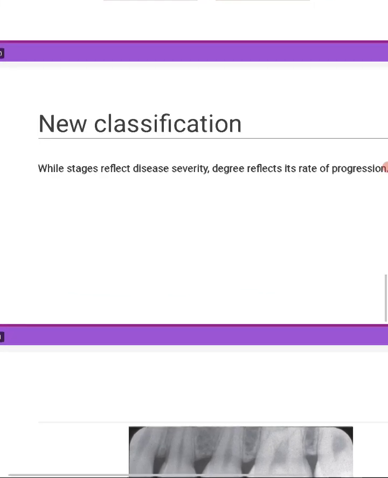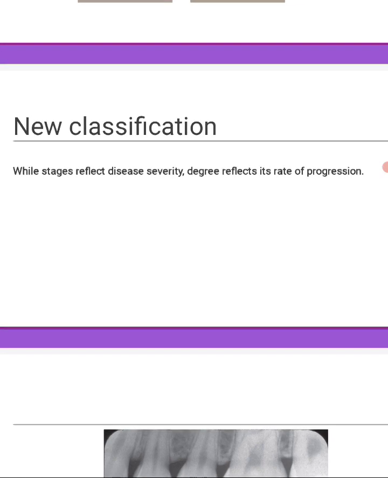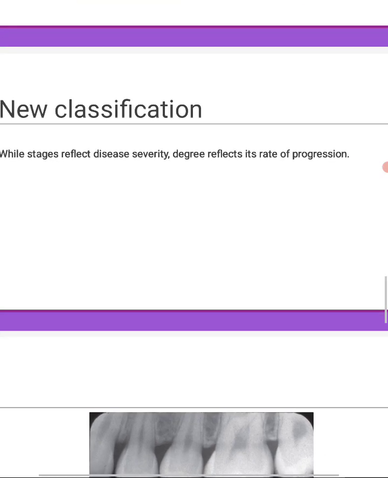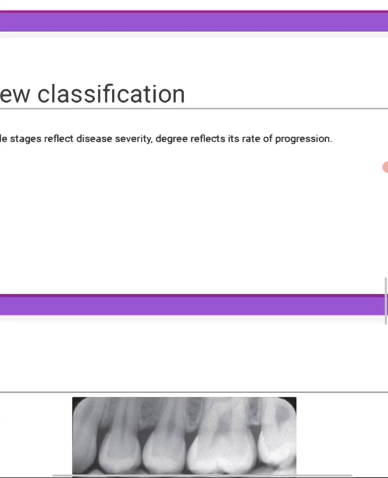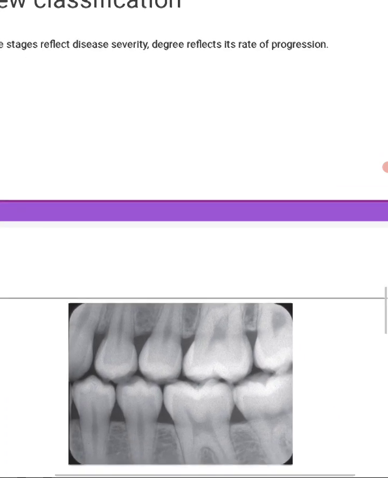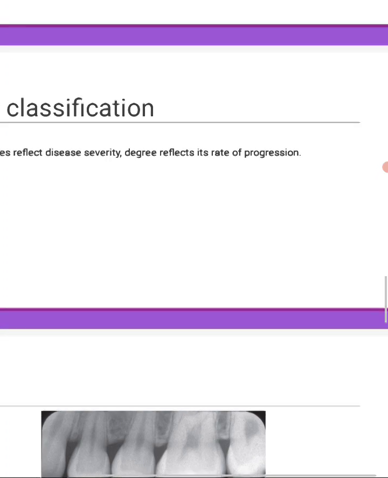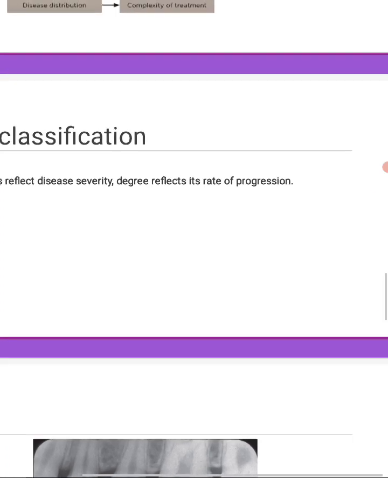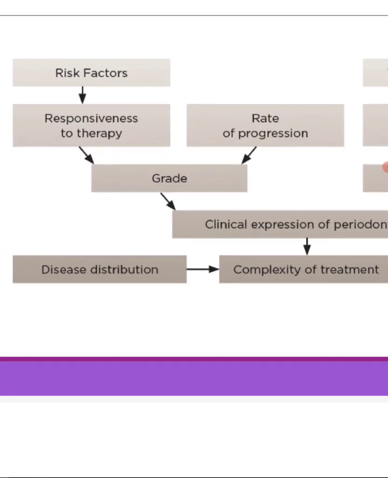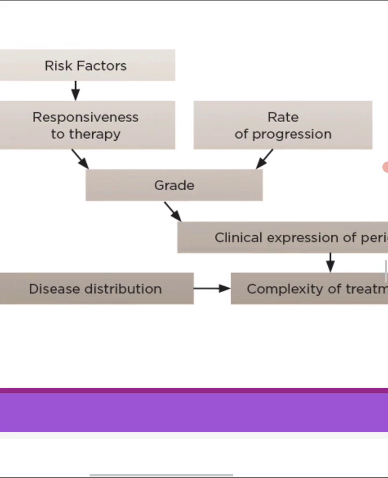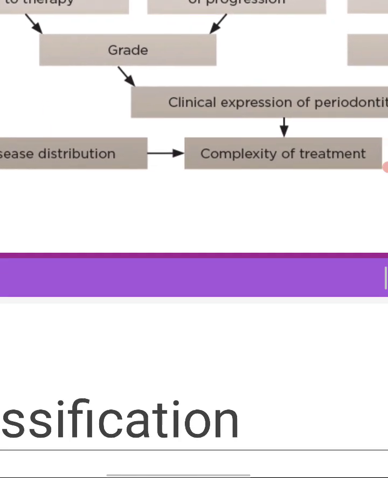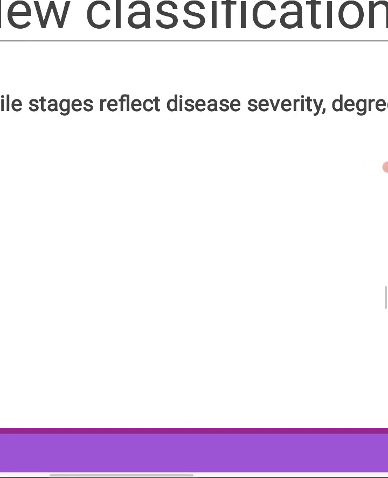In the new classification, the stage reflects disease severity, while the grade reflects the rate of progression. So you will determine the grade of progression based on the risk factors, rate of progression in regard to age, and other criteria.